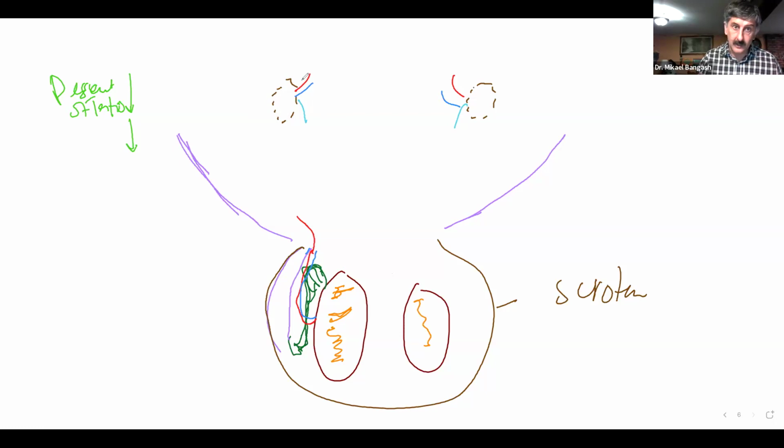The blood vessel keeps on growing longer and longer and longer, so that they can follow the testes down to the scrotum. So we said we have an inguinal canal. It was through this inguinal canal here that it descends down.